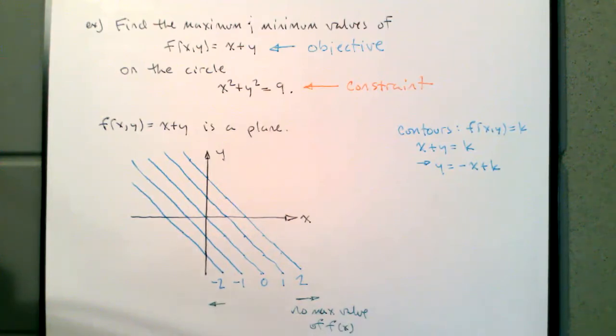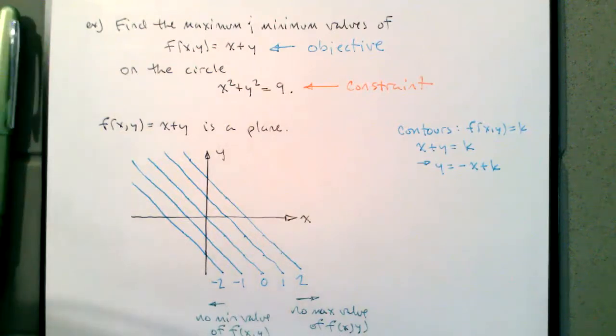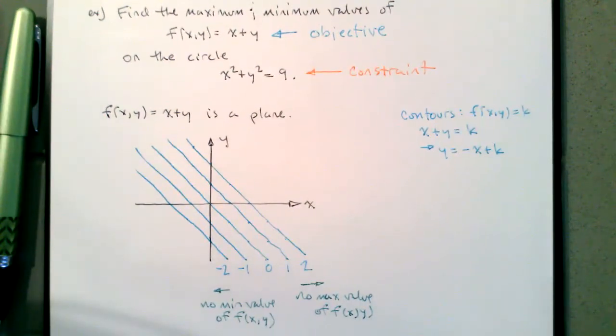And this just keeps going on forever in that direction, so we'll have no minimum value of f of x, y. Unconstrained, no maximum value of f of x, y, no minimum value of f of x, y.